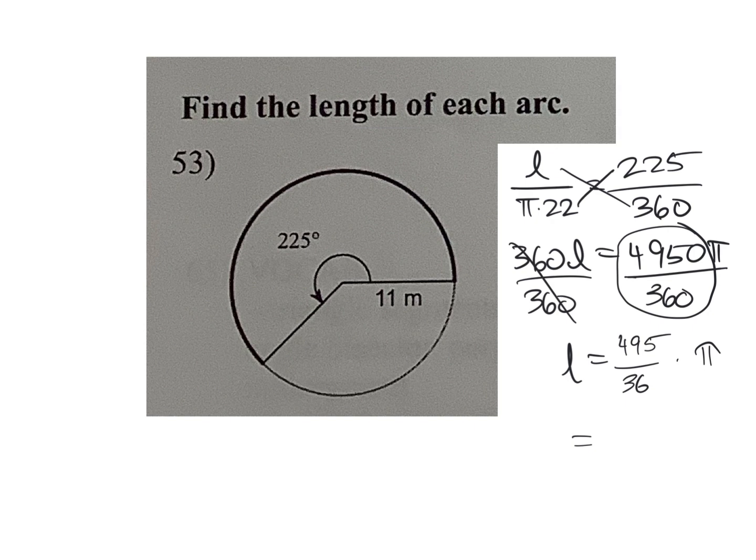So 9 goes into 49 5 times with the remainder of 4, and then another 5. 9 goes into 36 4 times. So the answer should be 55 pi over 4, or 55 fourths pi. So you have to know how to reduce fractions. And that is the answer in the back of the worksheet.